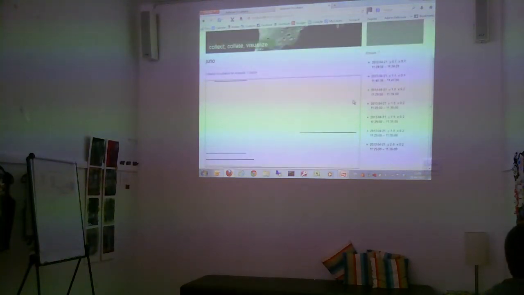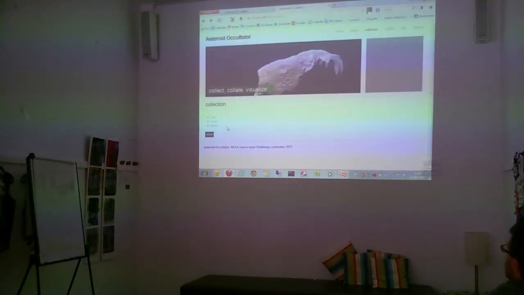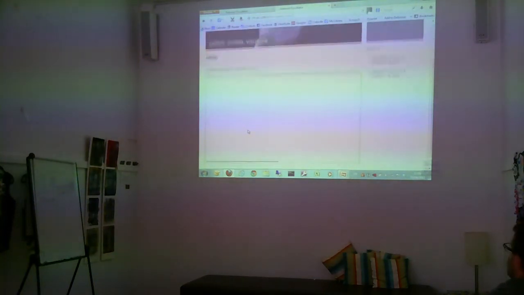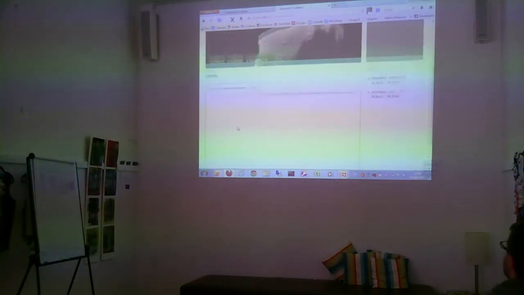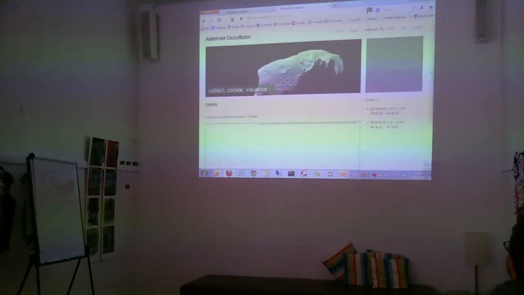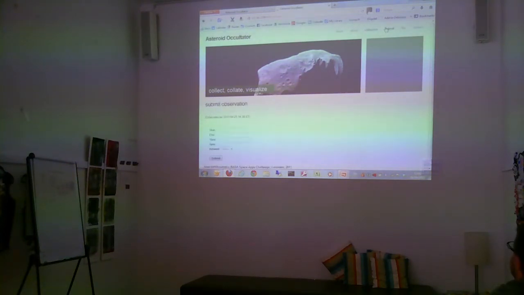And this example has fewer. So on this one now, there's two observations, one at the top and one at the bottom. And so if, for example, I was an amateur observer, I could come along, select that asteroid, and enter the start and end times of my observations.